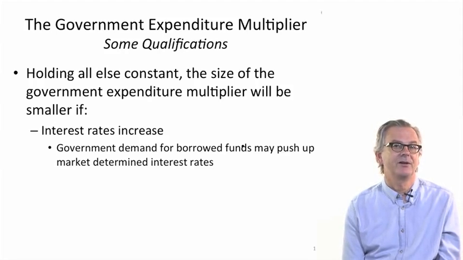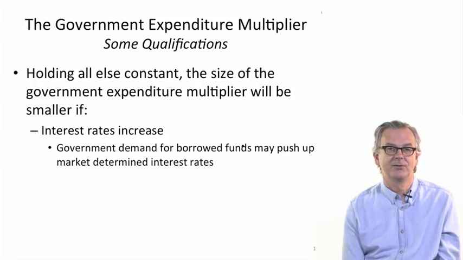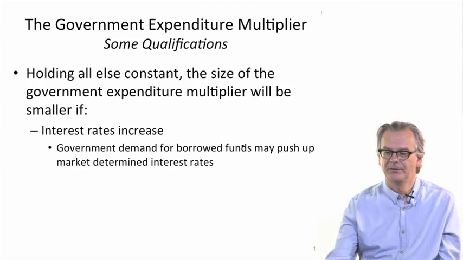Borrowed funds, like everything else, represent a scarce resource. If there's a large increase in demand for those funds, it stands to reason that's going to push up their price. And the price of borrowed funds is the interest rate. So governments might, through the financing of their increased expenditure, push up interest rates in the economy.